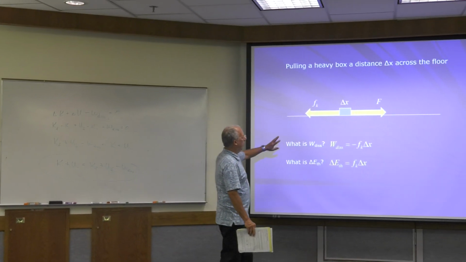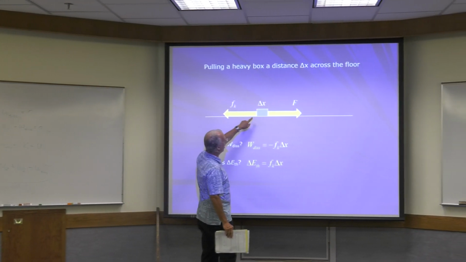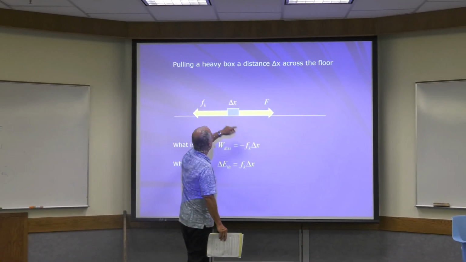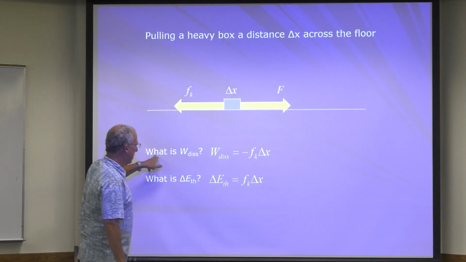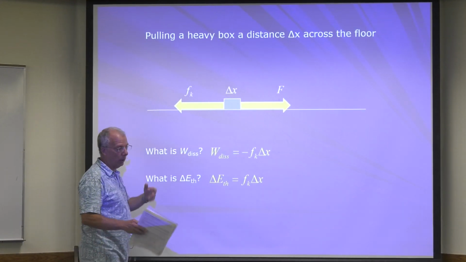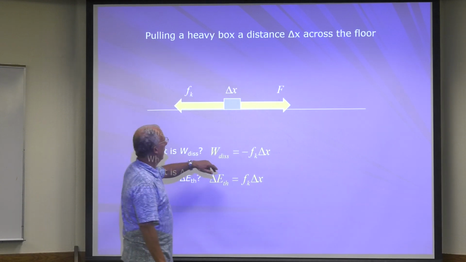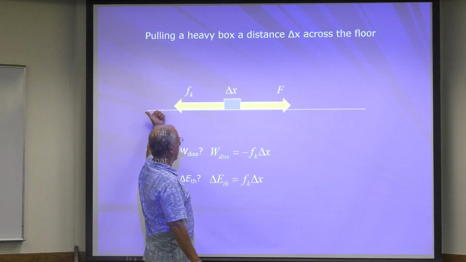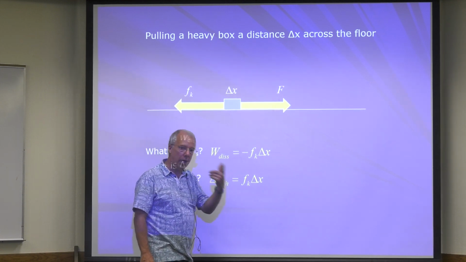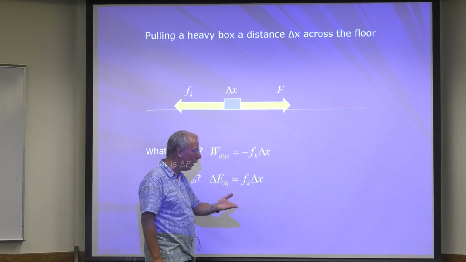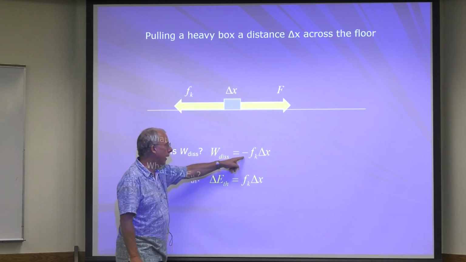Here's an example. We're pulling a heavy box a distance delta x across the floor. There's the force pulling it, but there's kinetic friction as well. What's W dis? Well, friction Fk goes that way, delta x is that way, so it's Fk delta x cosine 180. Cos 180 is minus 1, and it better be negative, since friction's not helping.